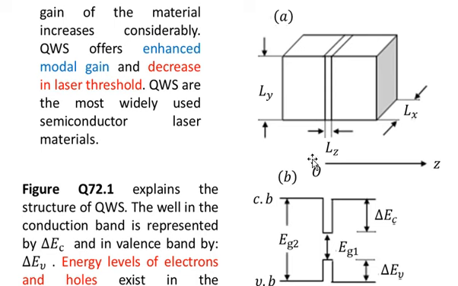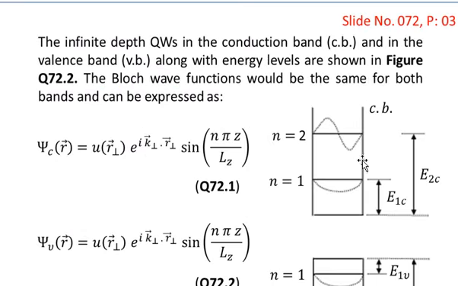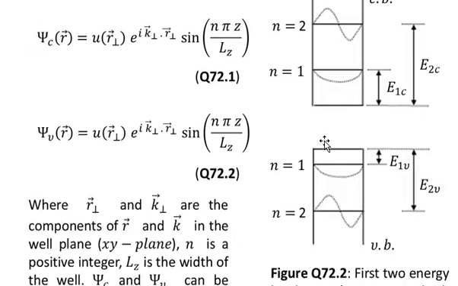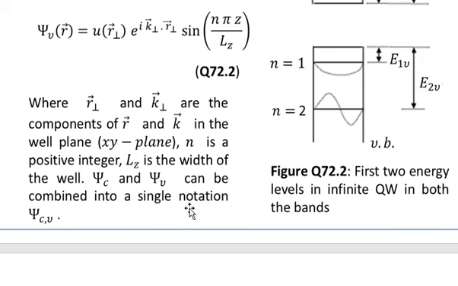We shall only consider the waves, and we have also listed the Bloch wave functions for the conduction band and for the valence band only along the dimension of Lz. That is along the dimension of the quantum well, because we have fitted the wave functions along this width, that is the Lz width. Okay, so we shall be using only a single psi of cv.